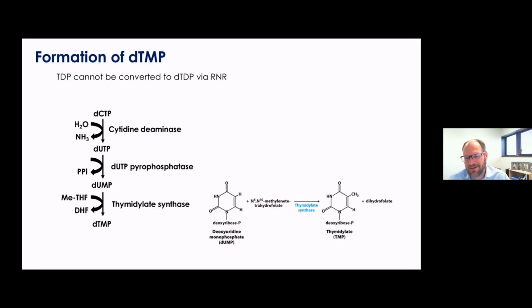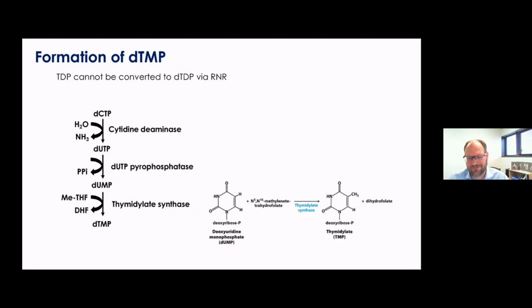And so you have a pyrophosphatase that cleaves off two phosphates to make this deoxyuridine monophosphate, sorry, dUMP moiety. And so that is the required starting point for making this deoxythymidine monophosphate.